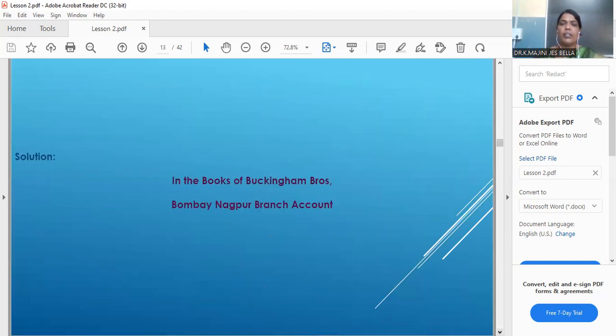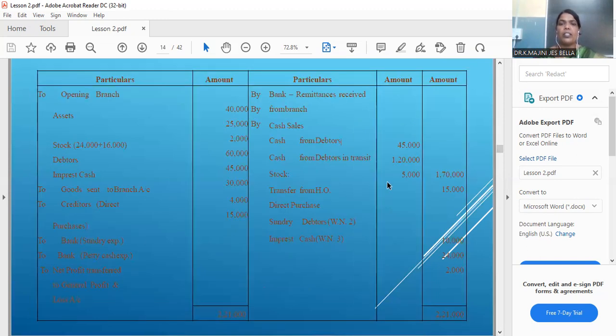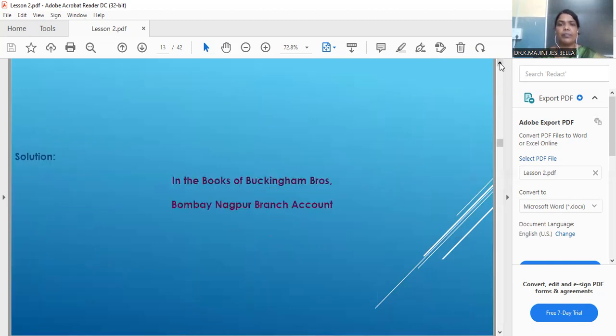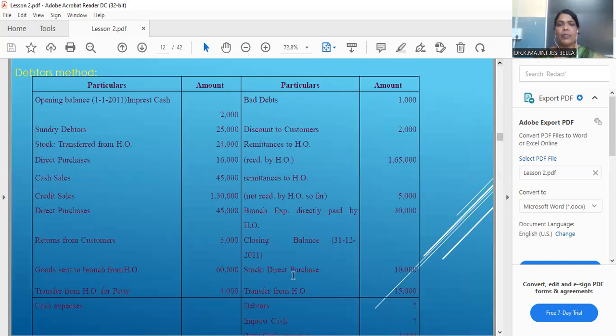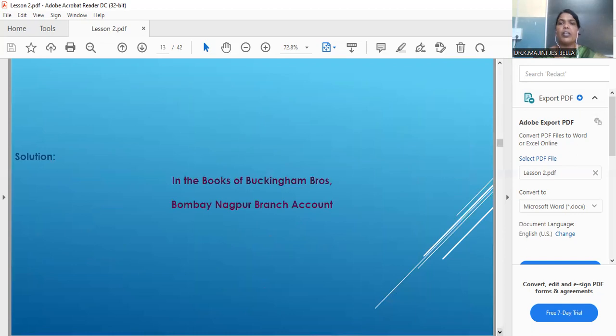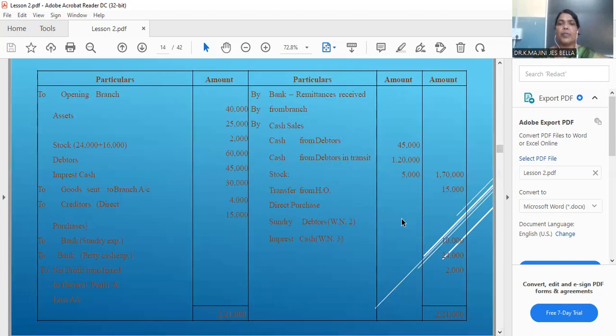So we can write here 1,65,000 plus stock 5,000 are there. Okay, you can write the stock also. Then transfer from head office. How much? 15,000 are there. Okay, you can write here transfer from head office. Then direct purchases. Okay, direct purchases 10,000.